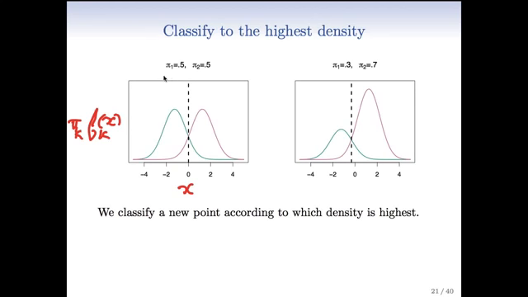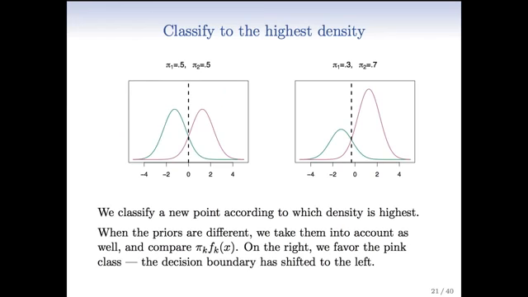In this case, the pi's are the same for both, so it's really to do with which density is the highest. You can see that the decision boundary, the vertical dashed line, is at 0. That's the point at which the green density is higher than the purple density. So anything to the left of 0 we classify as green, and anything to the right we classify as purple. And it makes sense that that's what we do there.